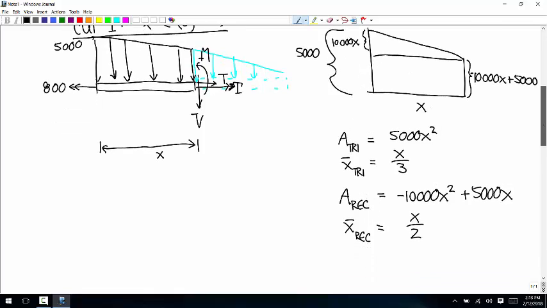So now I'm going to draw a new free body diagram. We have the torque and the internal loads.